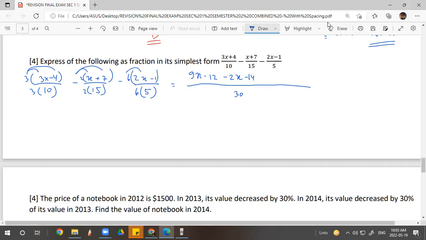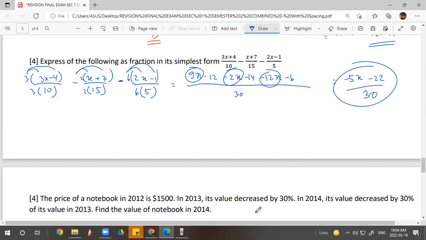And then minus 12x plus 6. Be careful, there is a minus here. So include minus 12x minus 6. I think it's almost simple. 9x minus 2x is easily simplified: 7x minus 12x is negative 5x. Negative 12 minus 14 is negative 26, minus 6 is negative 22. Okay, simple, right?